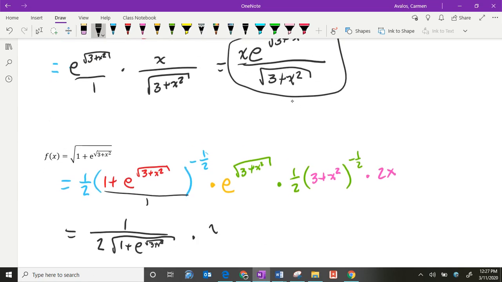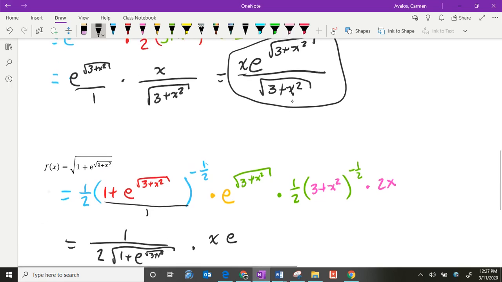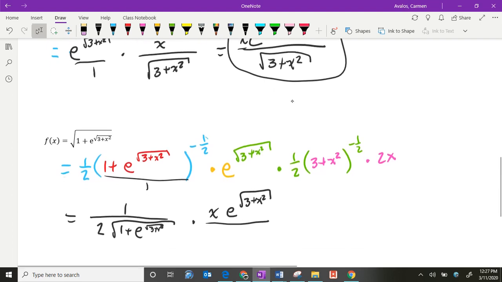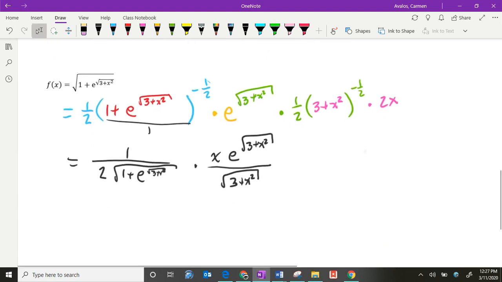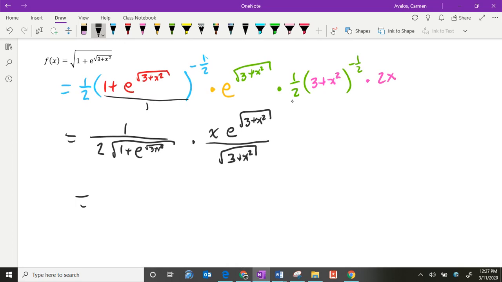So it's going to be x e to the square root of 3 plus x squared all over square root of 3 plus x squared. And so then what you're going to have there is going to be multiply numerator to numerator.